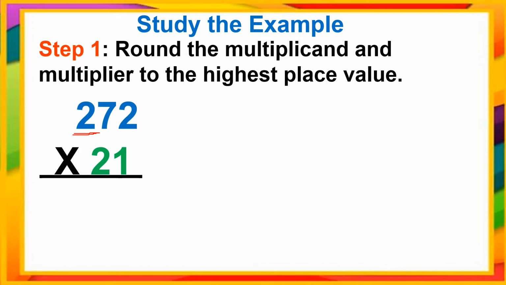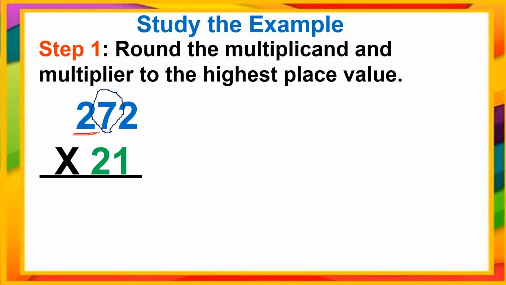Then we're going to look at the number at the right of 2. Can you tell me what number is at the right of 2? Exactly, this is 7. This number will tell us if we're going to round up or round down. Always remember that if the number at the right of the number to be rounded is 5, 6, 7, 8, and 9, all you need to do is round up.